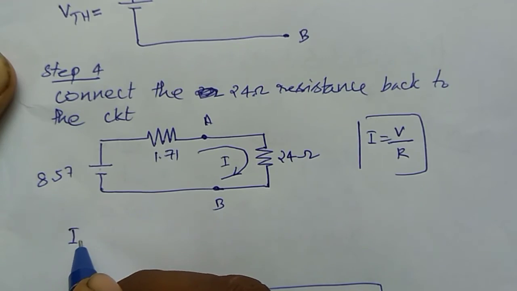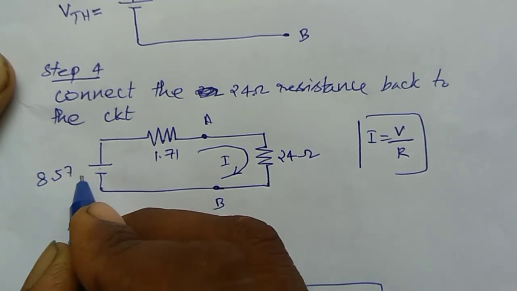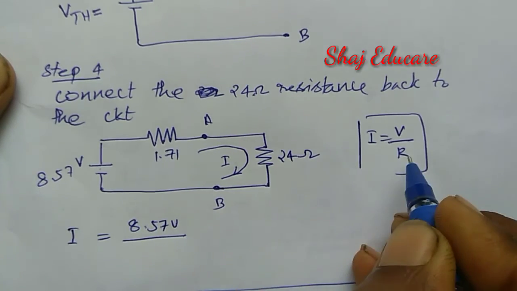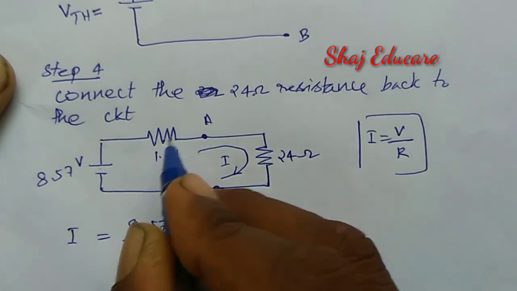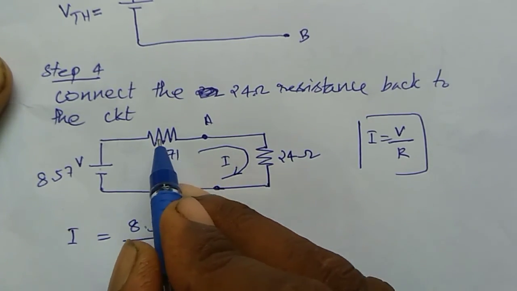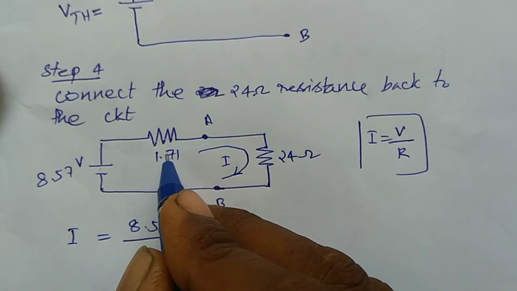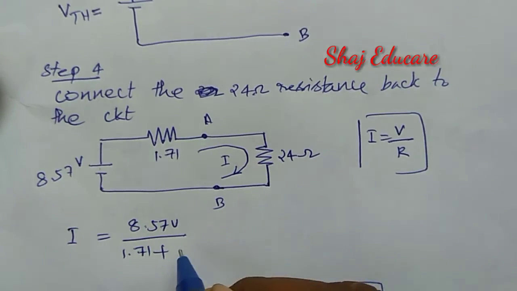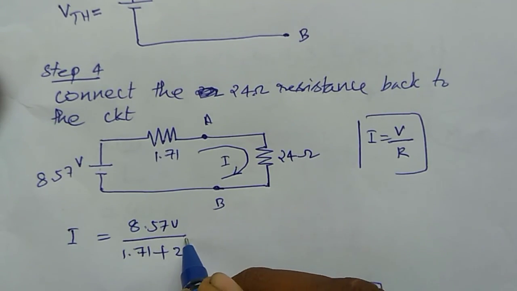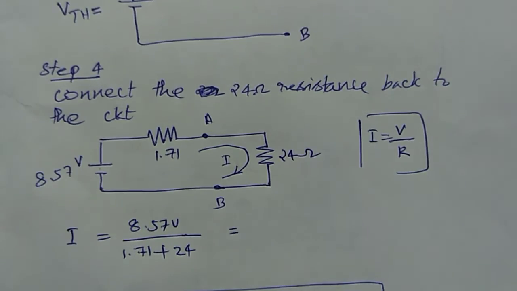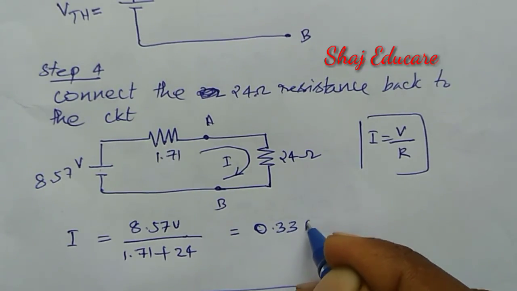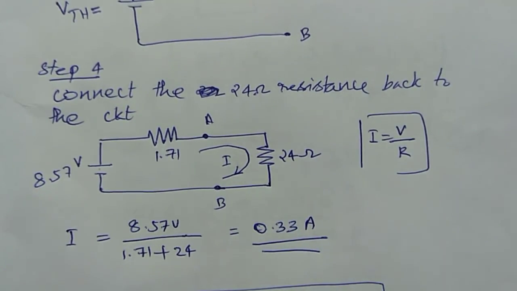Then current I is equal to the potential difference, 8.57 volt, divided by the total resistance. Two resistances are there: the first resistance 1.71 plus the 12 ohm resistance. That will be 0.33 ampere. Okay, now it's over. Thank you.